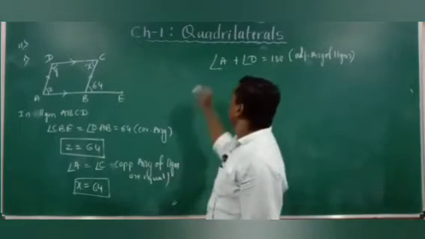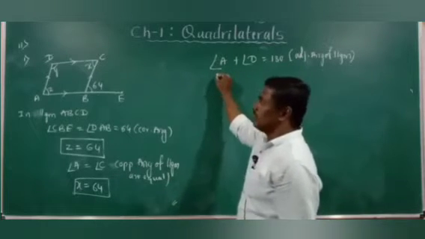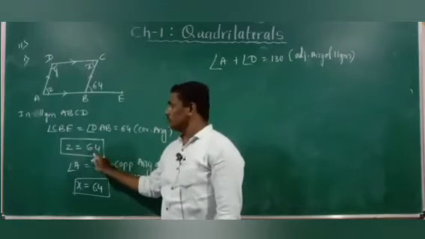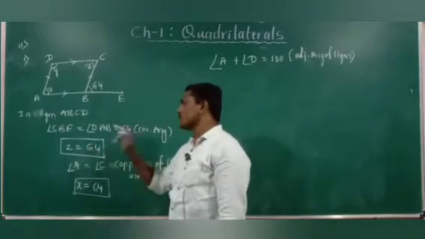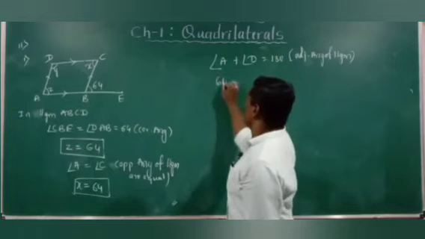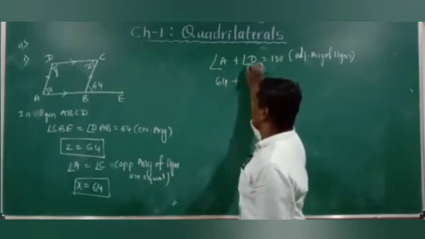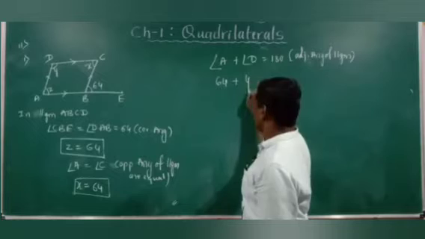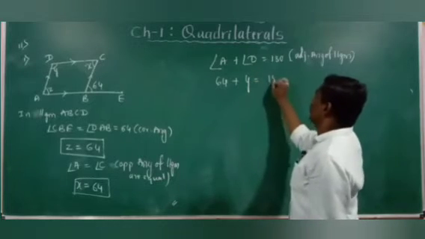Angle A is nothing but Z, which we already calculated as 64. So angle A is 64, and angle D, Y, is equal to 180 degrees.